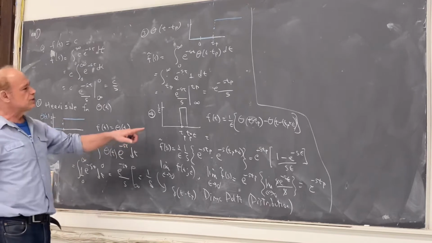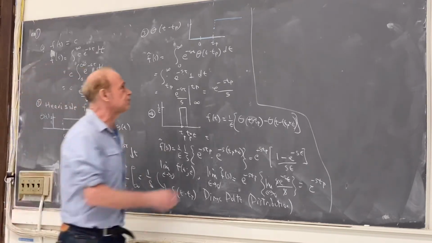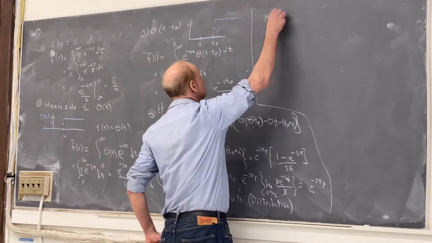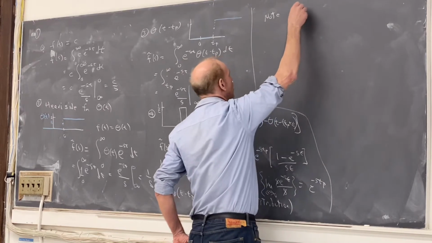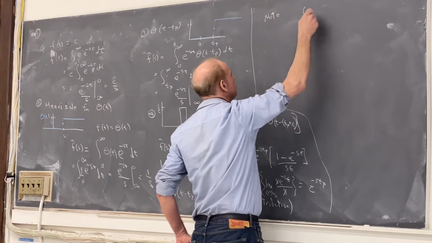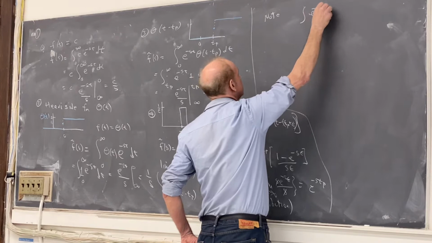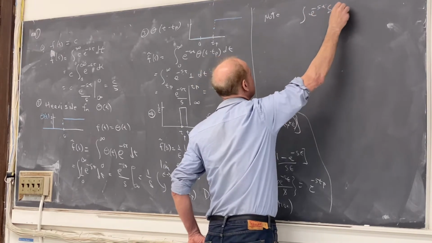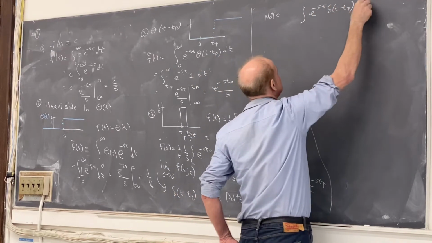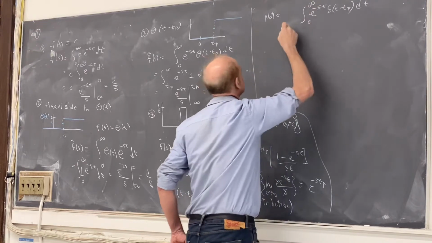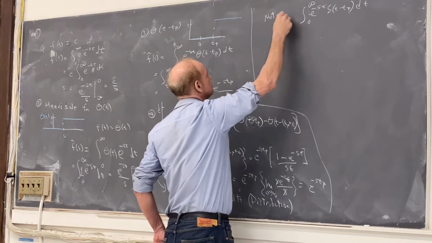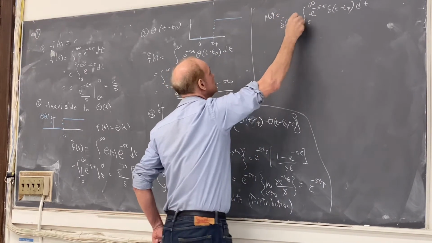And let's notice something. When I took the Laplace transform, what I did was take the integral of e to the minus st delta of t minus tp dt from 0 to infinity. This was delta tilde of s.